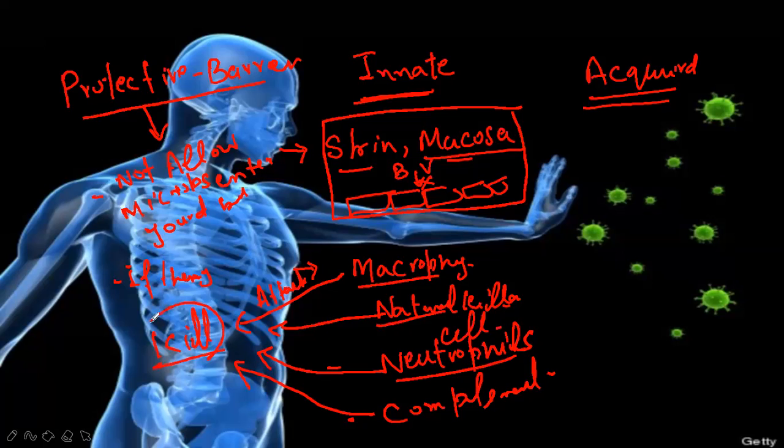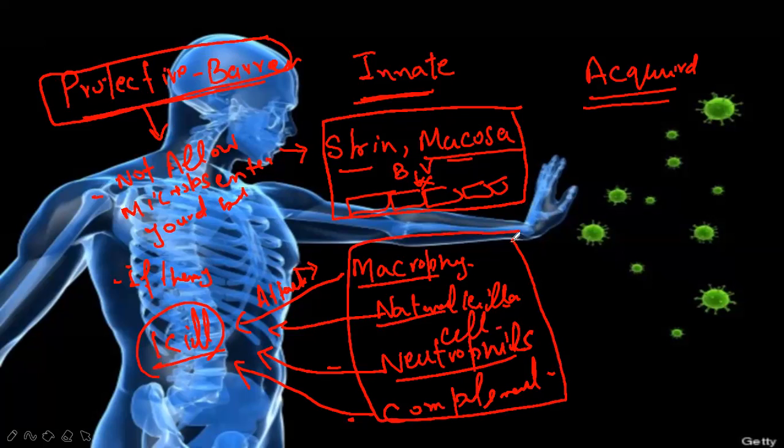Understand what's going on here? First, innate immunity gives you protection, a protective barrier like skin and mucosa, which does not allow microbes to enter your body. Second, if they enter by any route into your blood or body, then our body has a defense system: macrophages, natural killer cells, neutrophils, and the complement system, a protein system.